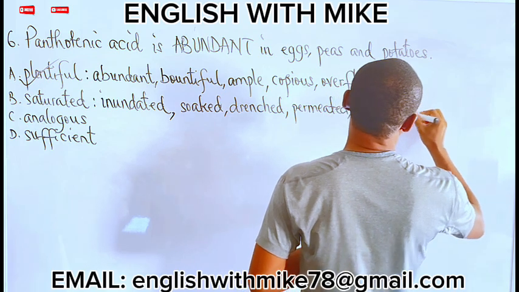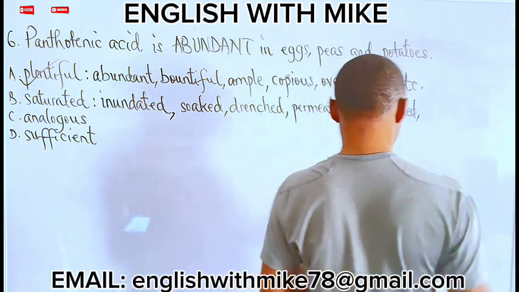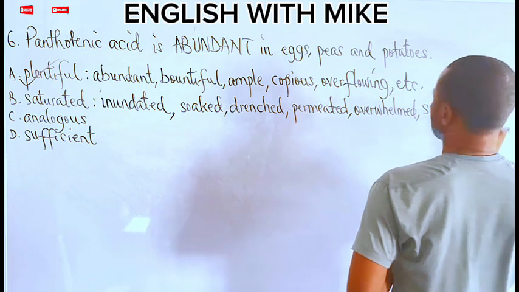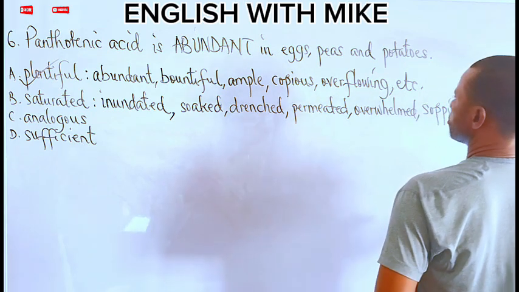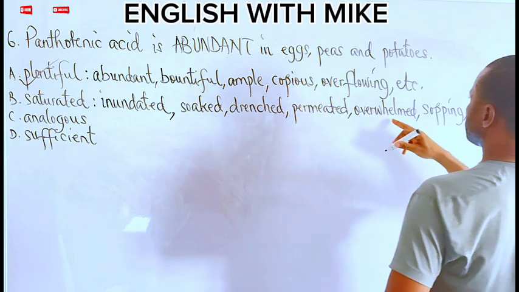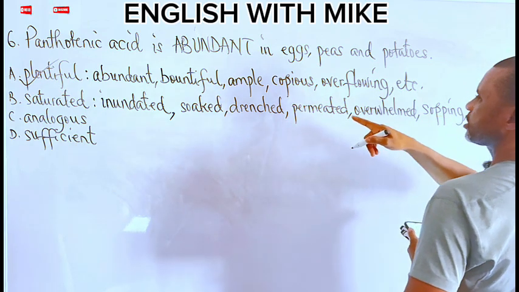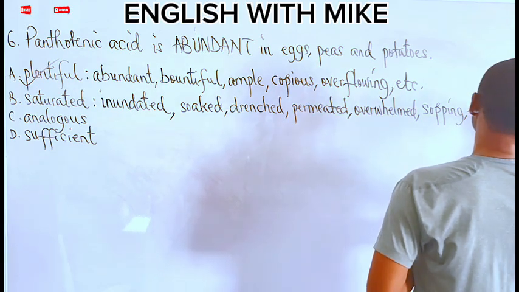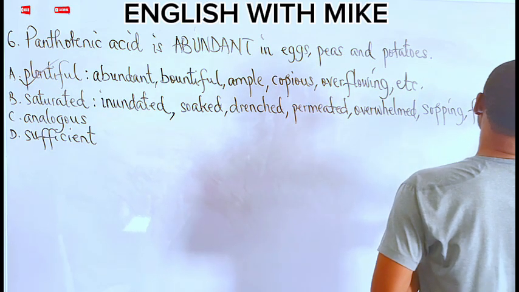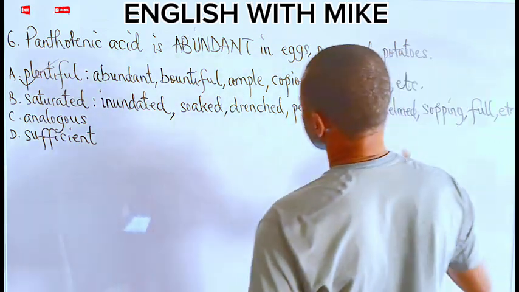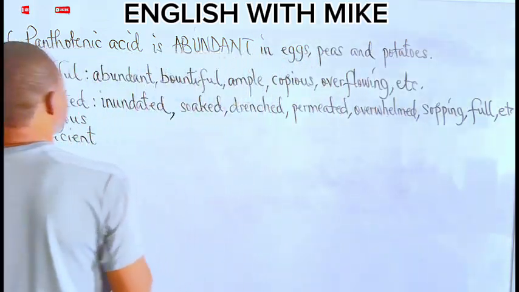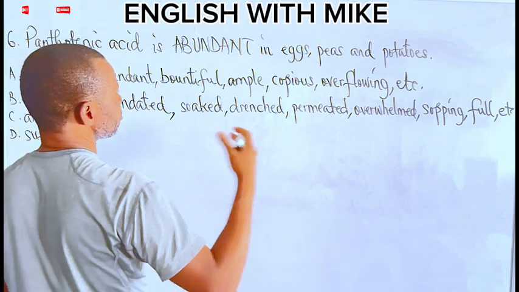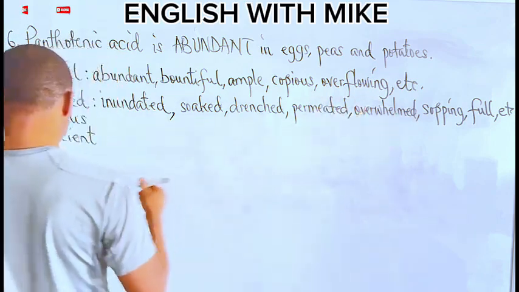Overwhelmed would mean sopping. Overwhelmed or overwhelming, depending on the context. Sopping would mean full, but here I prefer overwhelmed. Full, etc. That is saturated. The whole place was saturated with water, inundated in soap, drenched and permeated, overwhelmed, sopping, full of, and so on.